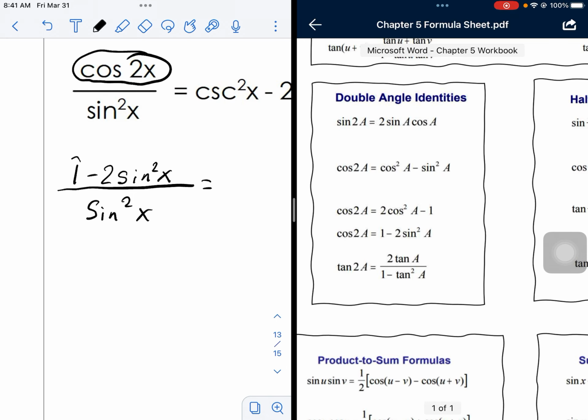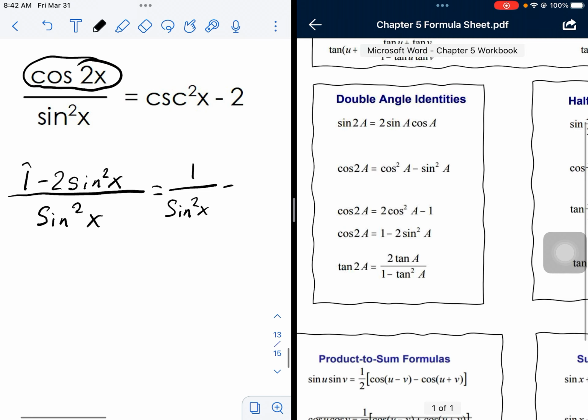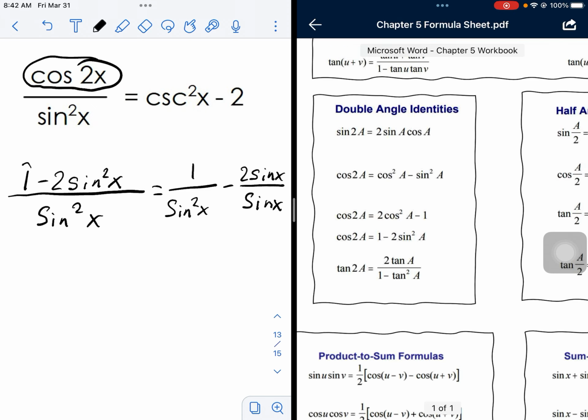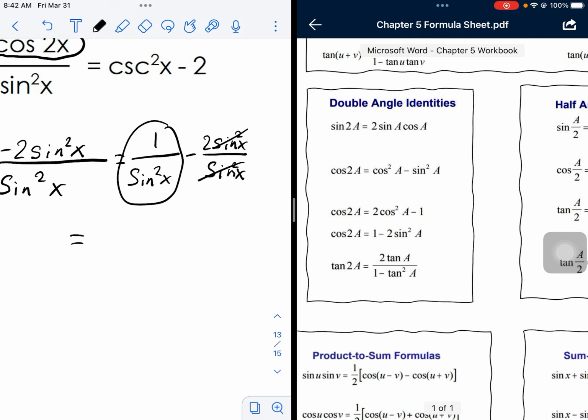And now this one, when we separate it out, we end up with 1 over sine squared x minus 2 sine squared x over sine squared x. And this is the one that we're looking for, because we're going to end up with the sine squareds going away. Forgot my squared there. And then this is the reciprocal, so this ends up being cosecant squared. And then we still have this 2 left. And there we go. We just proved that one.